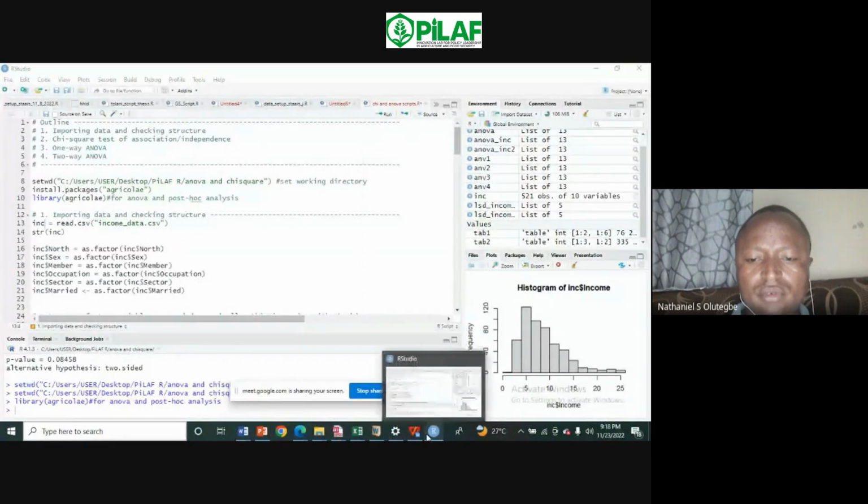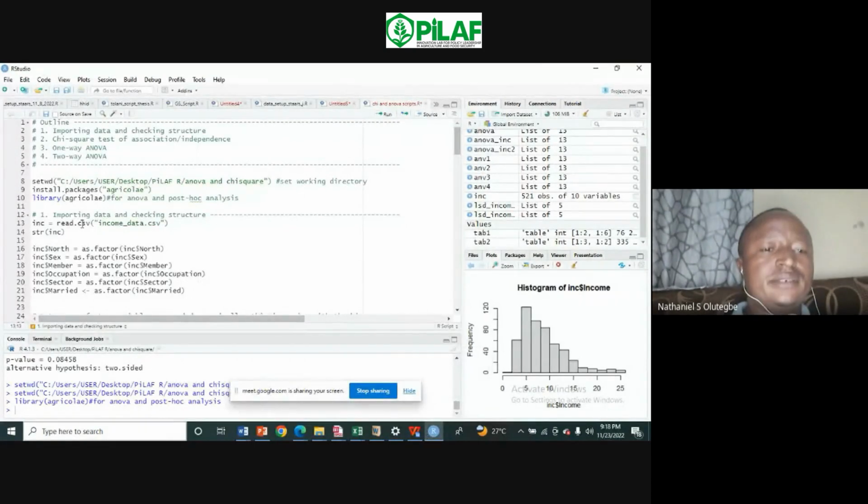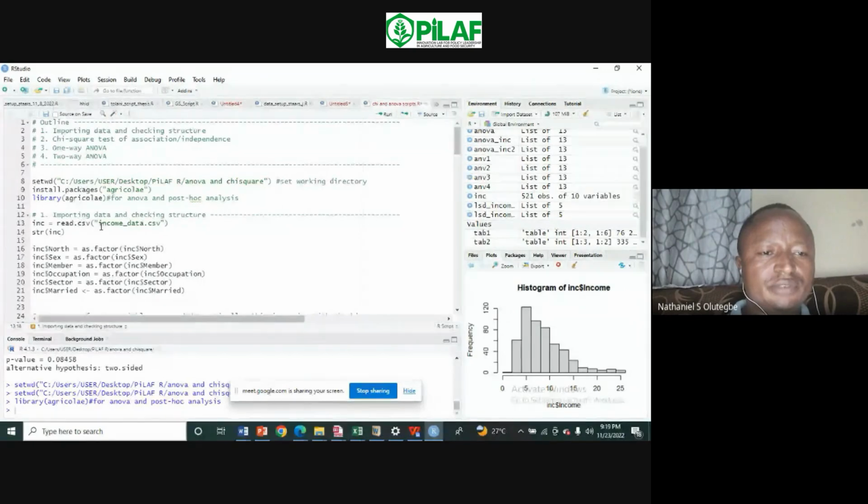All right, the data set I'm making use of is inside my folder, and it's a CSV file. So what I'm doing here is reading the CSV file into R, and this is the name of the file.